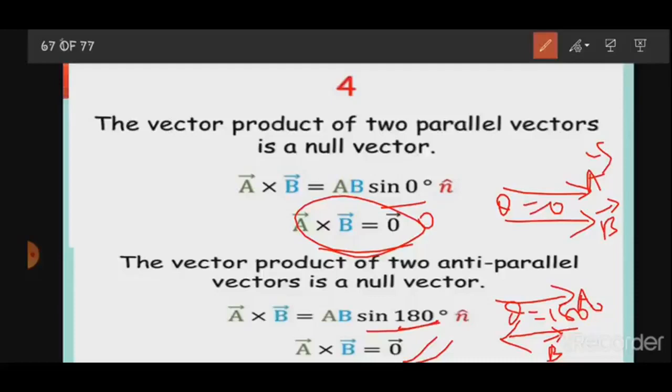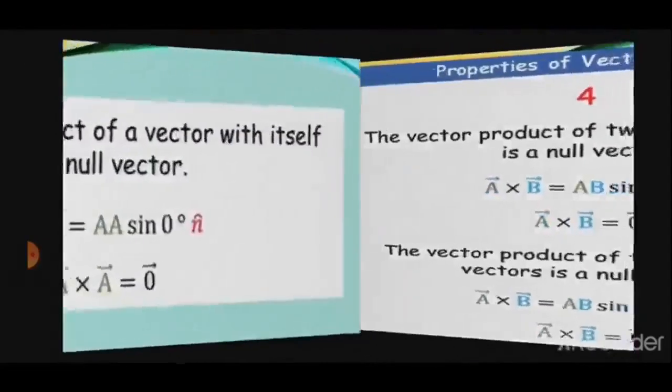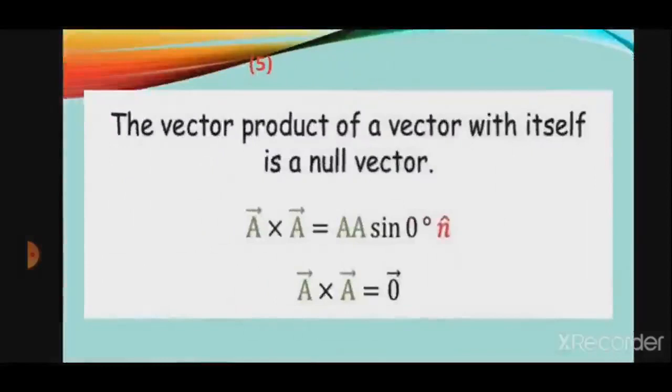Okay. Then next, fifth property, self cross product. The product of a vector with itself is called the null vector. So here, A vector cross A vector. Now write the relation. Both are the same quantity in the same direction, so A into A sin theta.